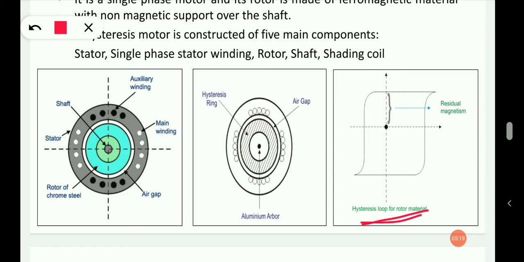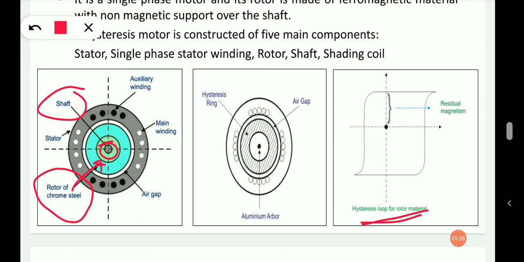Then here you can see in this figure the rotor of chrome steel. This one is the rotor, and at the center shaft is given.